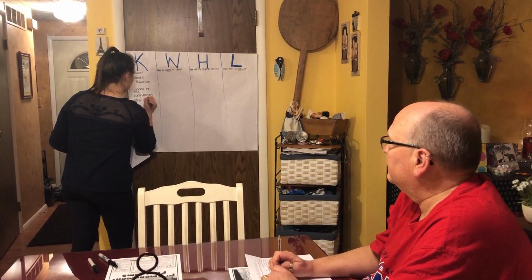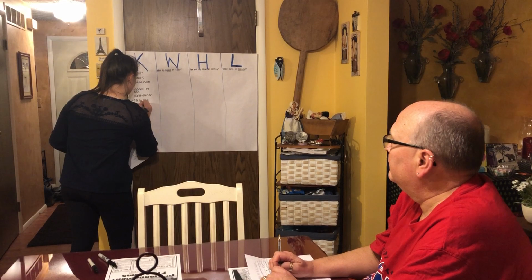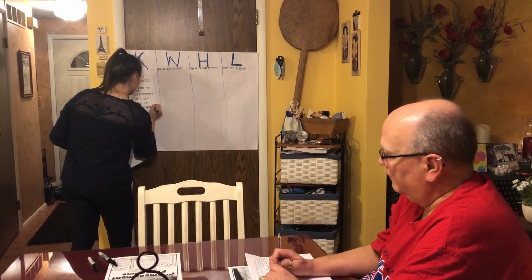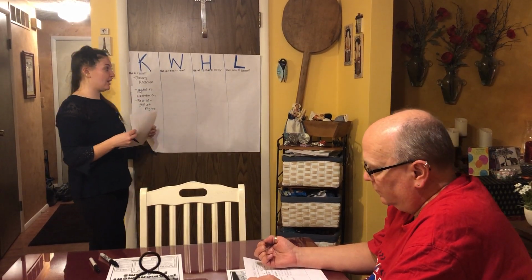So the first 10 equals the Bill of Rights. Any other things that anyone knows? So what about how many freedoms do you think are in the First Amendment? I don't know. Do you think that we could figure that out? There's probably a way we can.